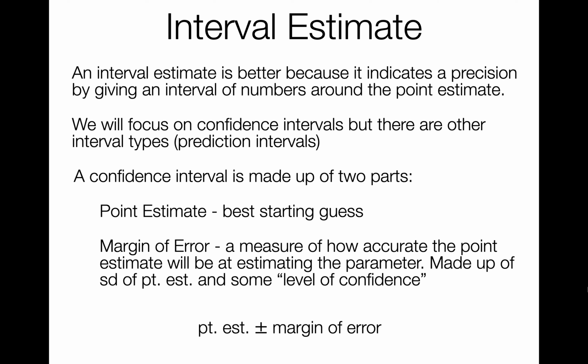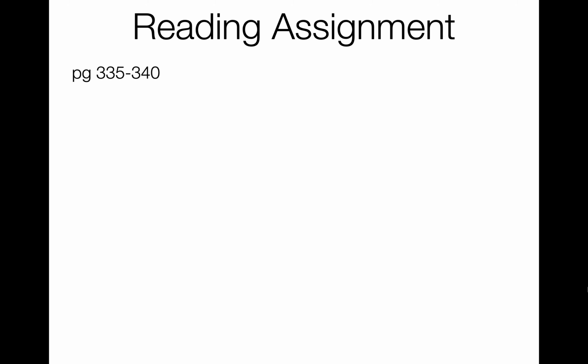If it stretches from 0.71 to 0.75, I'm going to communicate that interval using the endpoints, the 0.71 and 0.75. I get those by taking my best guess, my point estimate, and then adding and subtracting the margin of error. That stretches out my point estimate into a range of possible values.